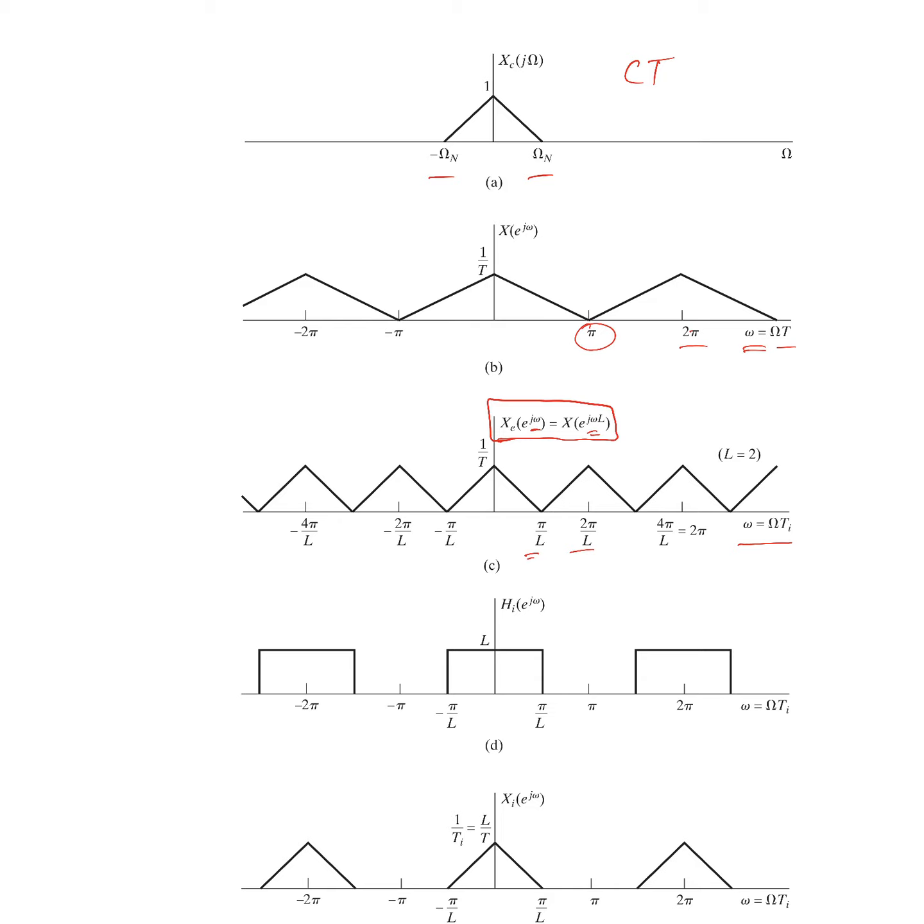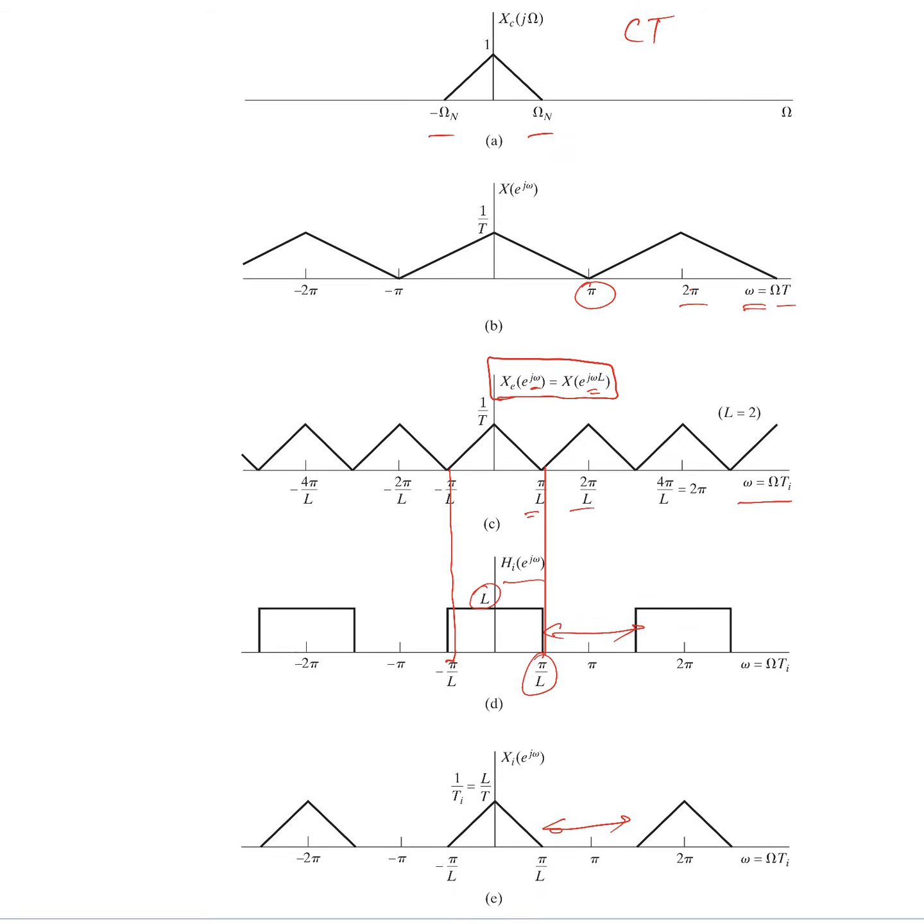Now passing this signal through a low pass filter Hi with gain L and cutoff frequency pi by L, you would see it will take only this part, and whatever else is there would be 0. So this is the idea.